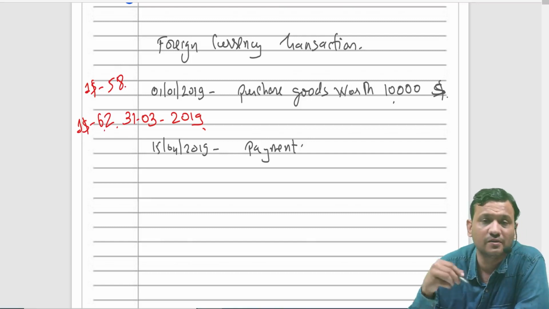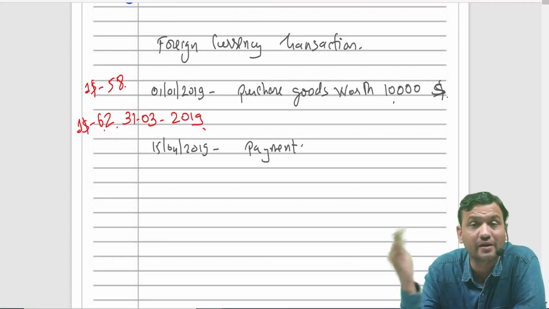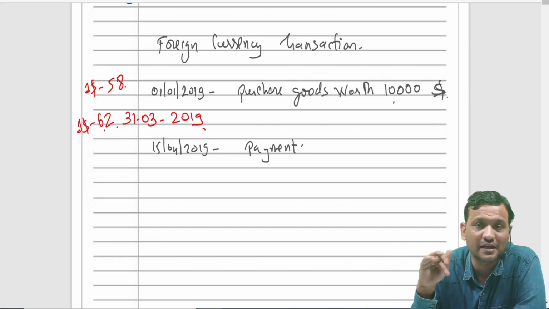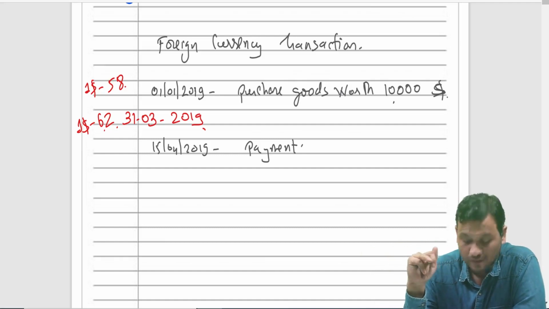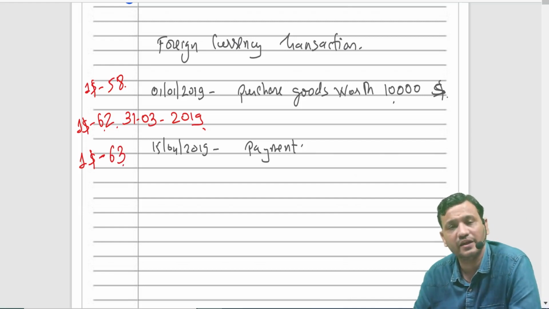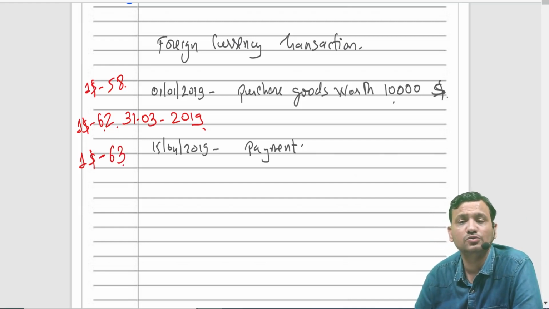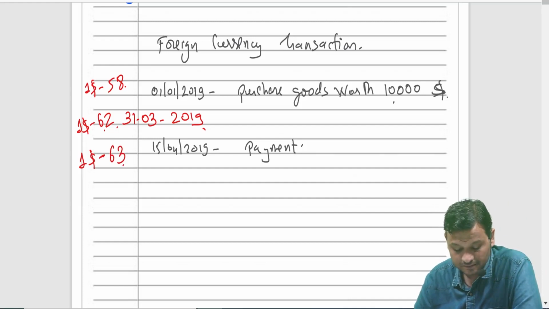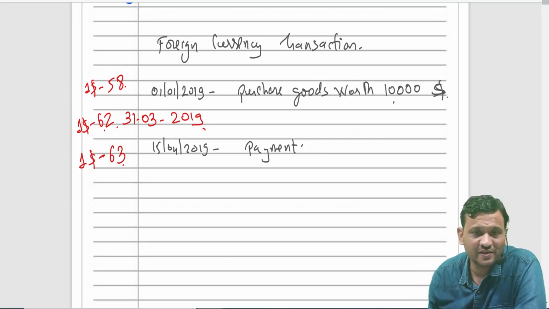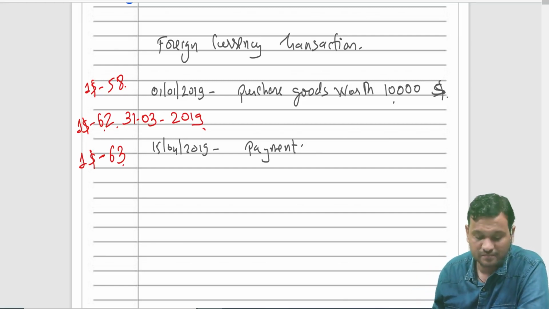So it's nothing but a loss because the currency has appreciated, means the dollar has appreciated, foreign currency has appreciated, it has become stronger. But say on 15/4/19 when I settle it, it has become 63. So what are we supposed to do if it is 63? My dear students, we will recognize again a loss of 1 rupee. And if it reduces, we'll recognize a gain.